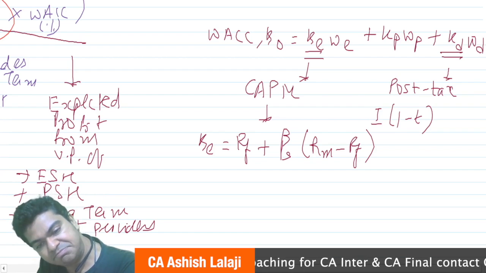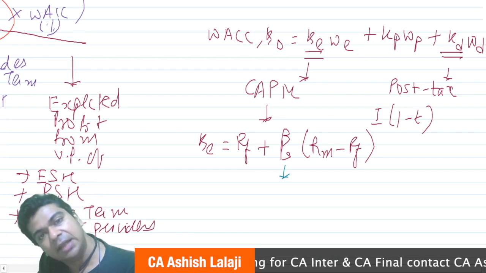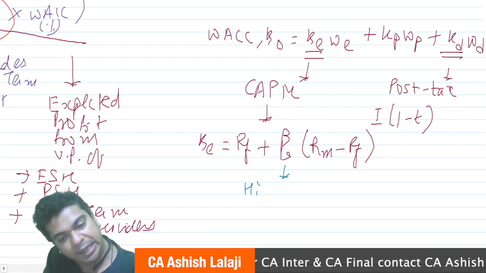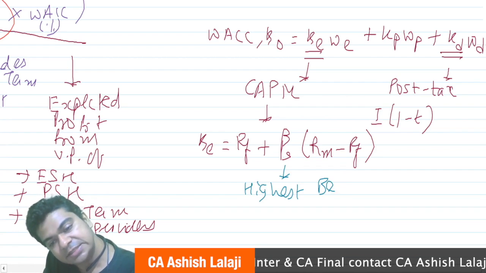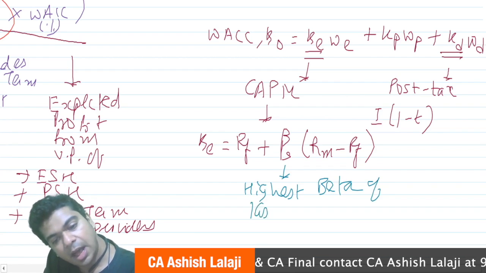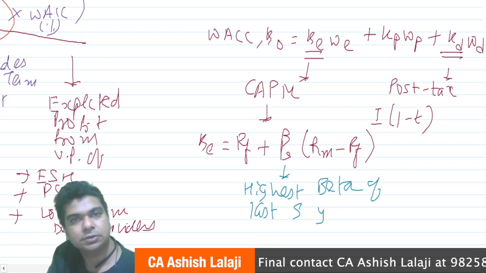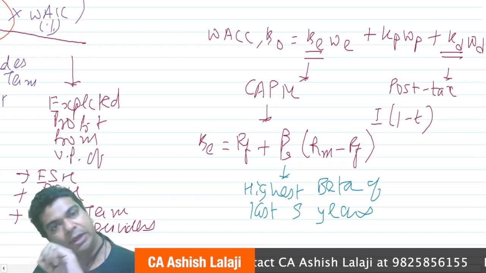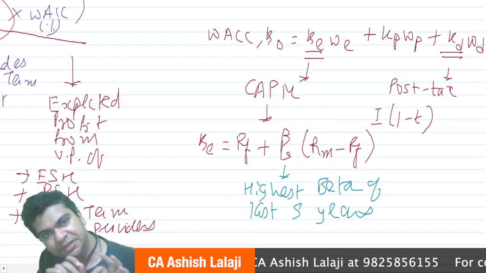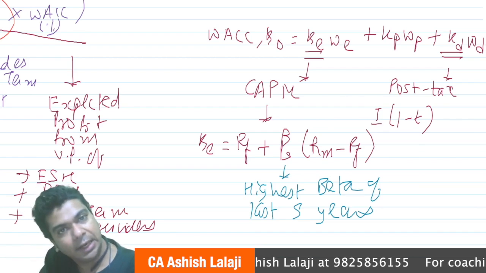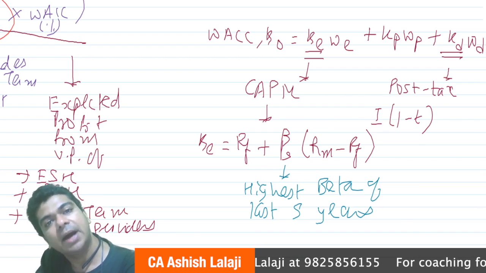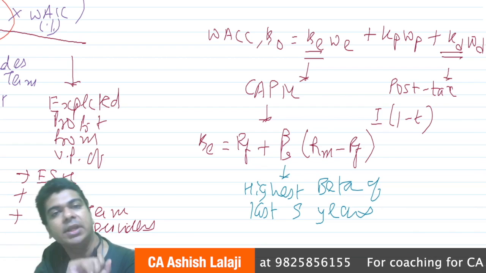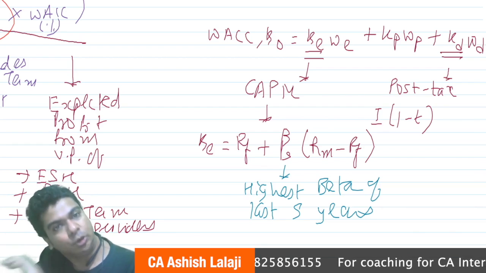One more thing, very interesting. Beta. The beta that you use over here should be the highest beta of the last 5 years. You may wonder what is really going on. Understand, as I said earlier, this is a concept developed by Stern Stewart and Company. This is how they calculate the EVA.